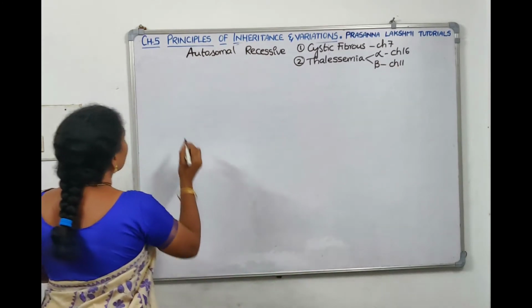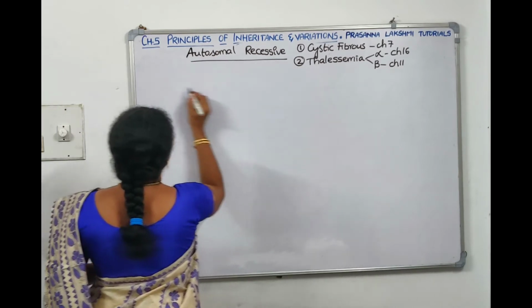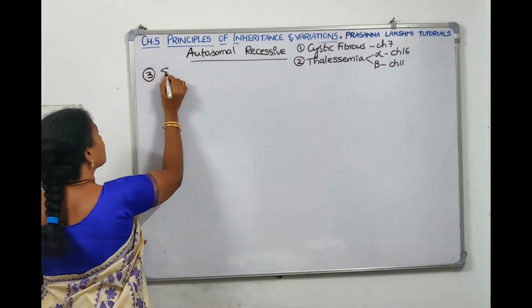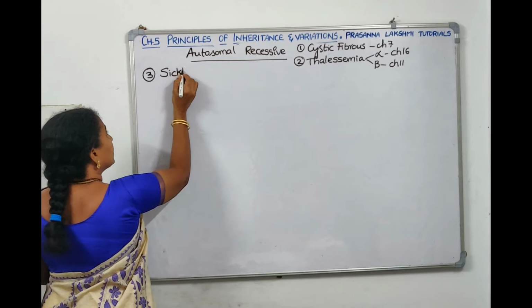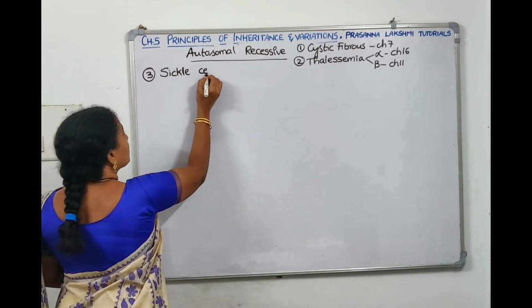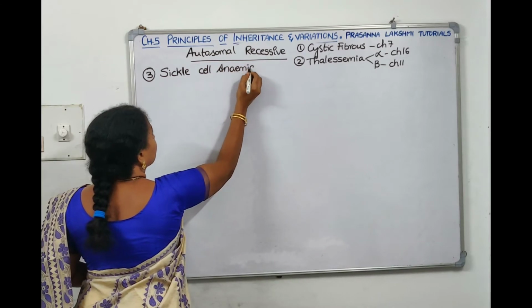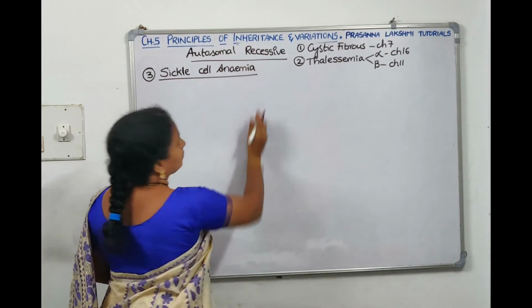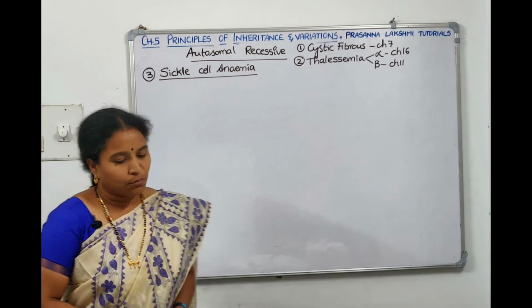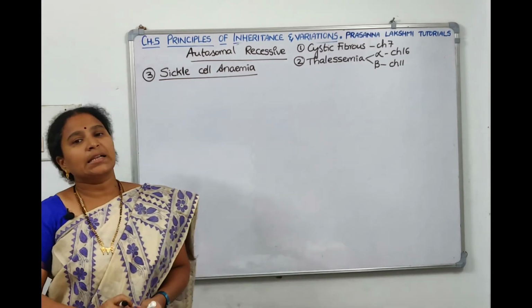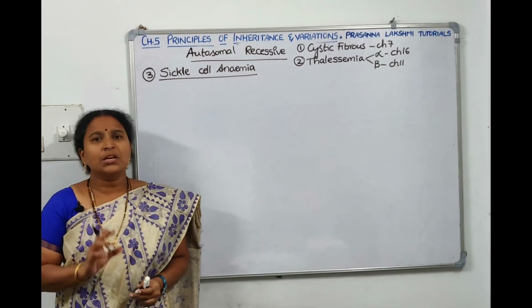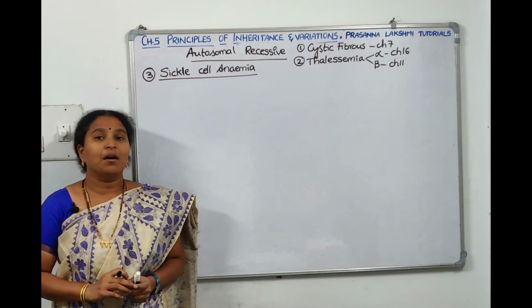Now coming to the third example under autosomal recessive, which is very important, called sickle cell anemia. So what is the third disorder called? It is called sickle cell anemia. Now the gene which codes for sickle cell anemia, where is it located?